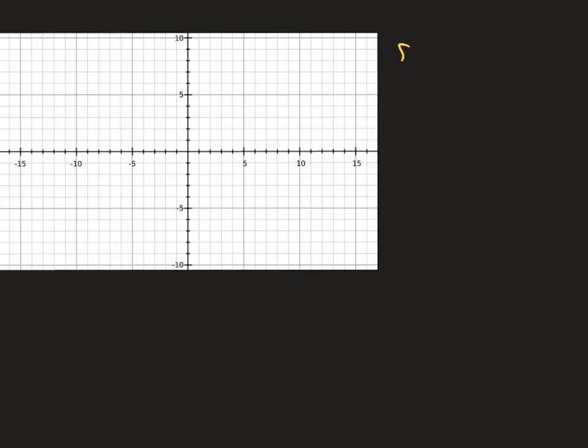So the absolute value function, f of x equals a times the absolute value of x minus h plus k. So this is what we're dealing with, and I think we can talk about both at the same time. The quadratic function, right? So here it is in vertex form.